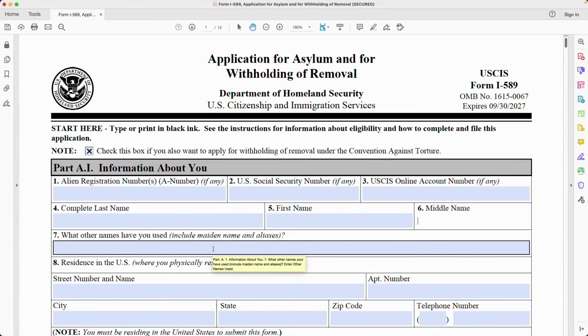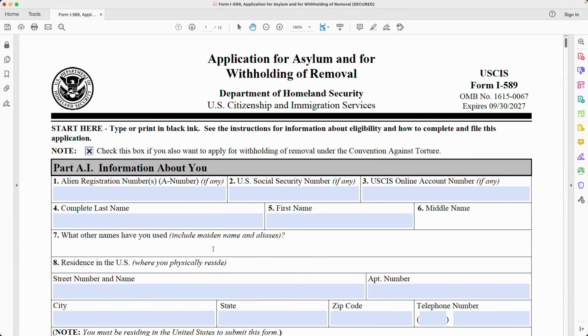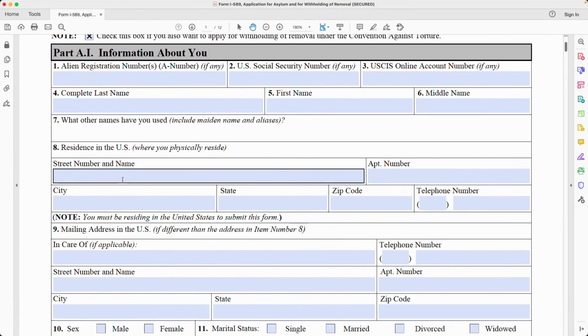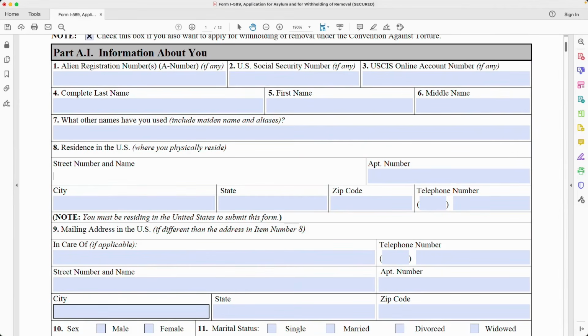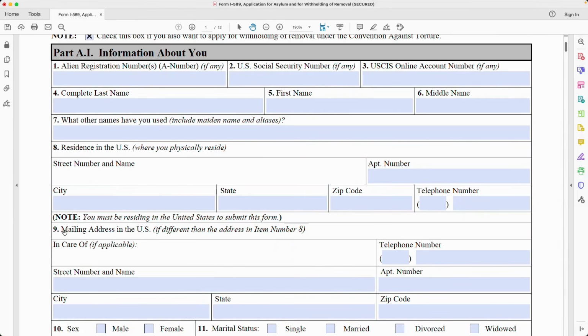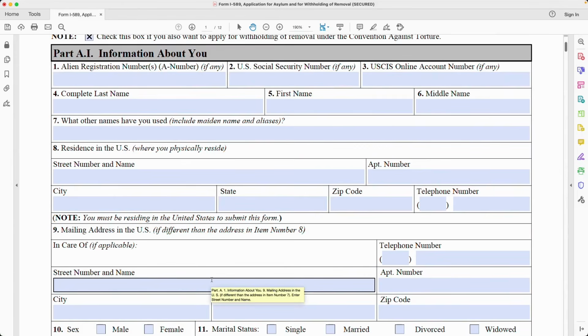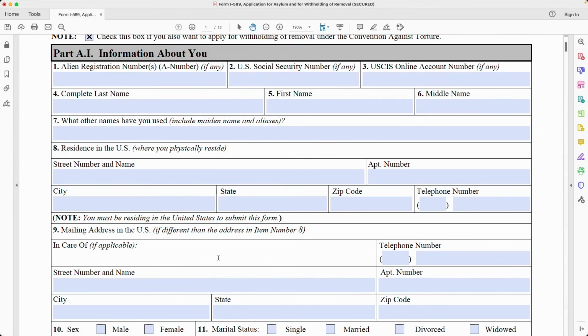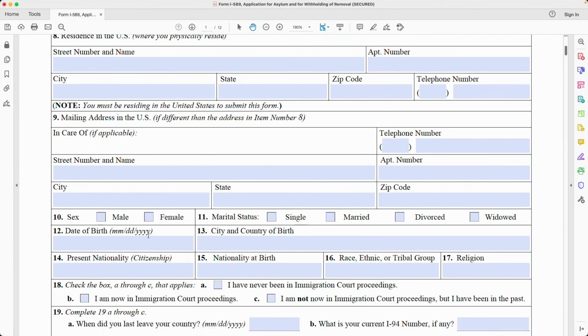Here on question 7, if you have ever used another name, write that here. For question 8, you can provide your physical address. That's where you live. And in question 9, if you receive mail at a different address from the one you wrote in question 8, you can provide that mailing address here. For question 10, you can select your sex. For question 11, select your marital status: single, married, divorced, or widowed.